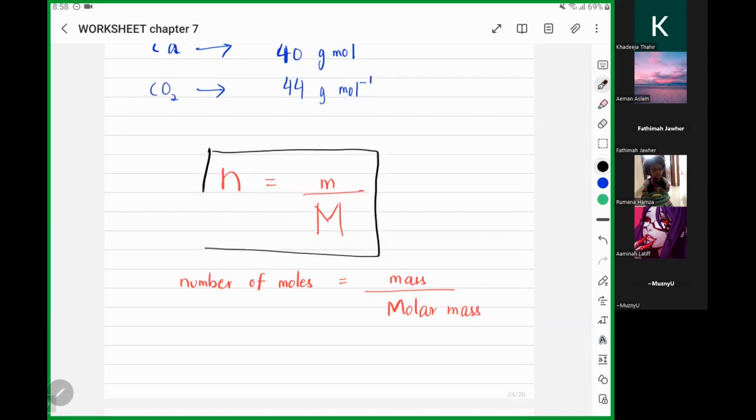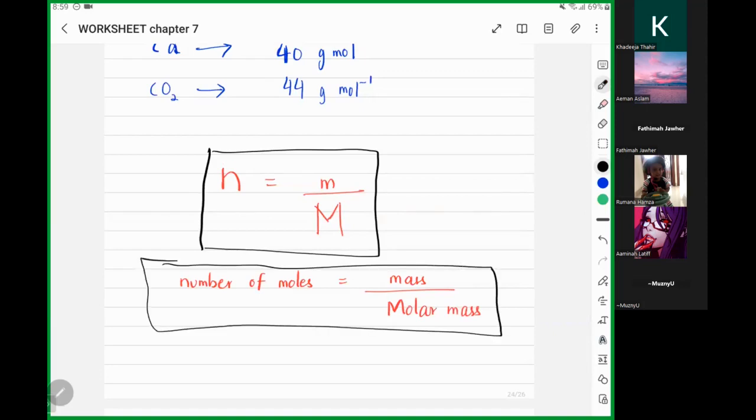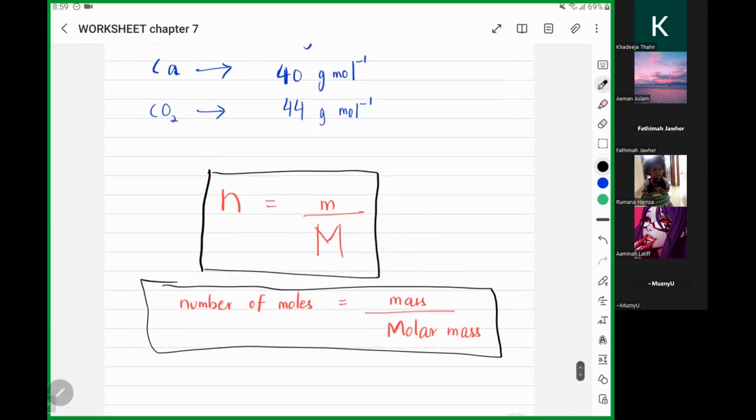Now I'll tell you how to apply it. It's very easy. I'll use calcium and carbon dioxide and apply it. If you know this equation, and you know n and capital M, you can find m. If you know m and capital M, you can find n.